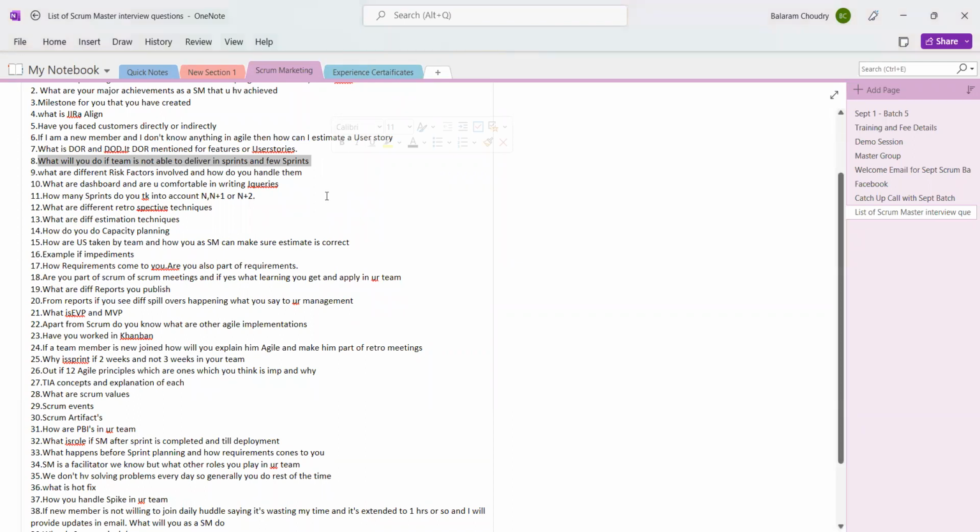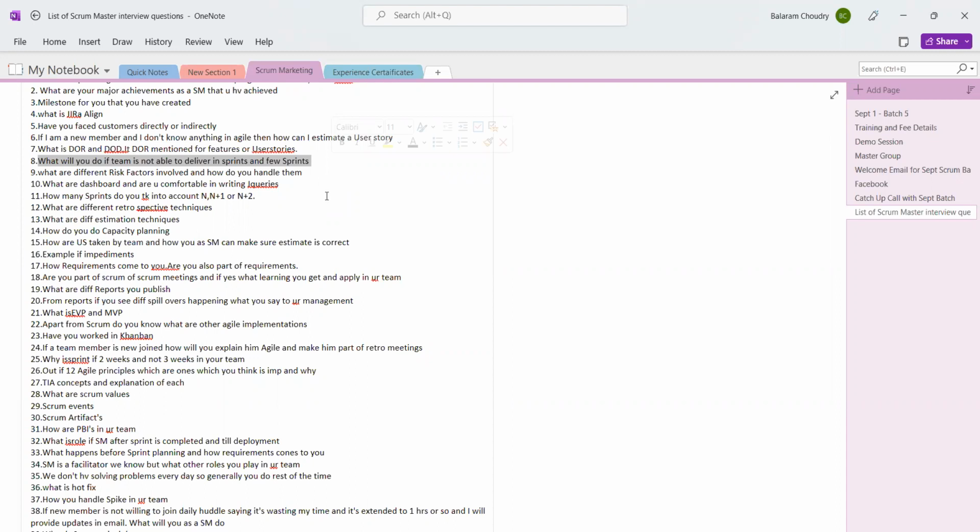So if on a consistent basis I see things not getting delivered, I have to study the root cause for each item that has not been delivered in the past, and study what went wrong and how it was planned.